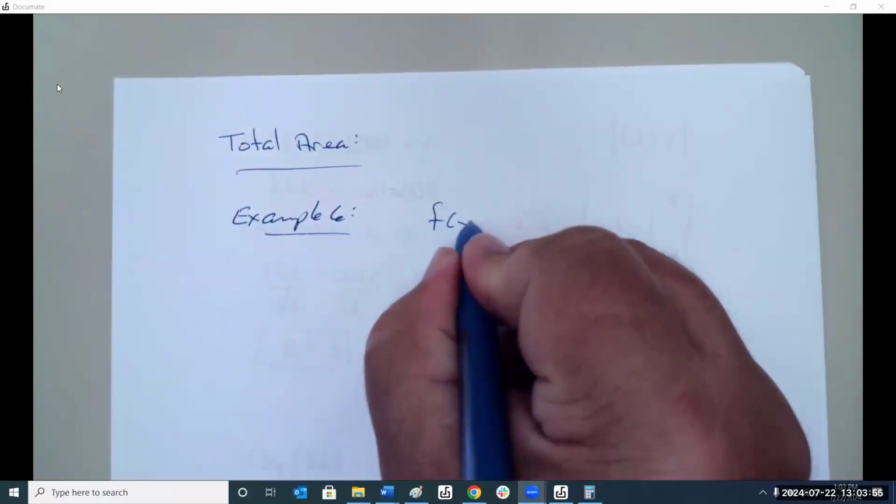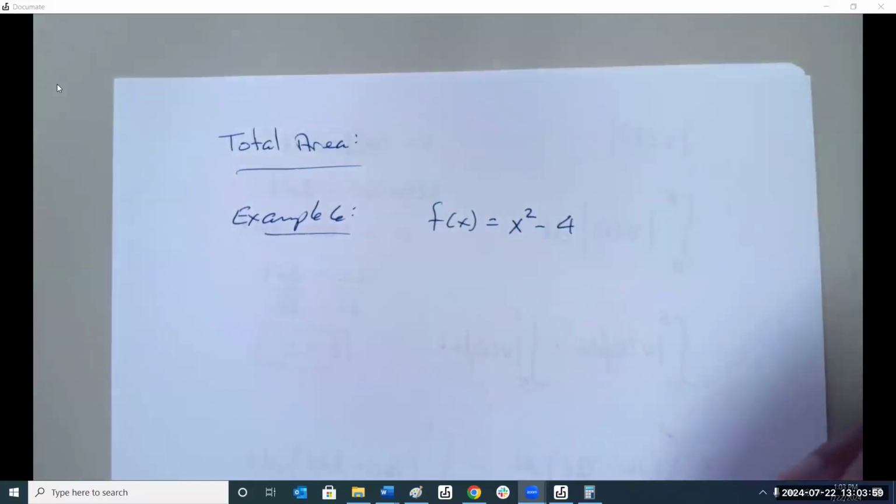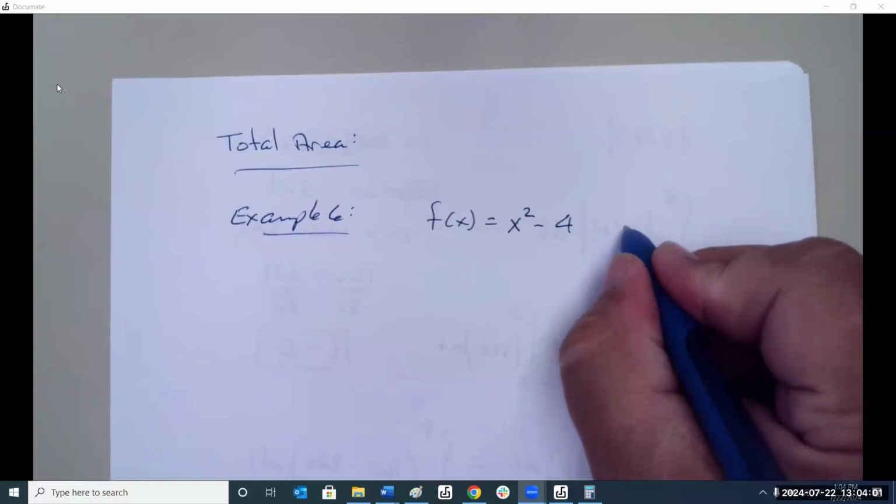The graph of this function, x squared minus 4, and its mirror image.